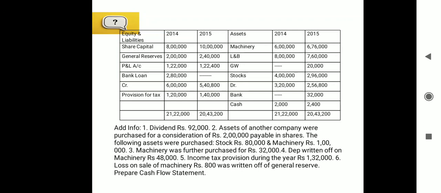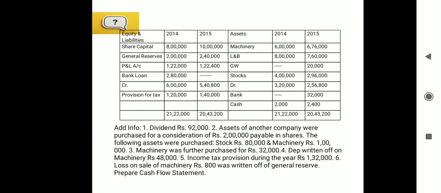Then next we have the profit and loss, which we always use to calculate cash from operating activities. Then we have a bank loan. In 2014 the value is 2 lakh 80,000, but in 2015 there is no value at all.